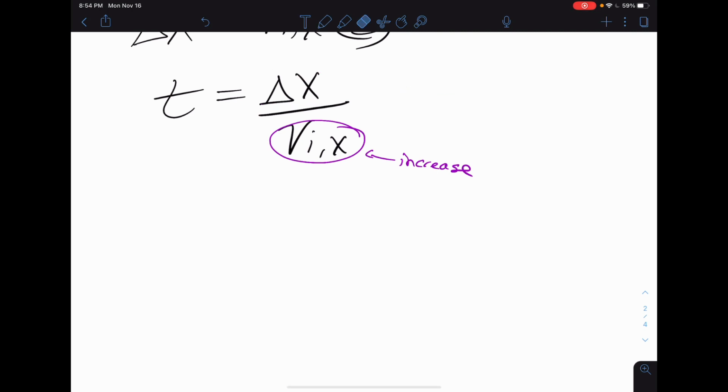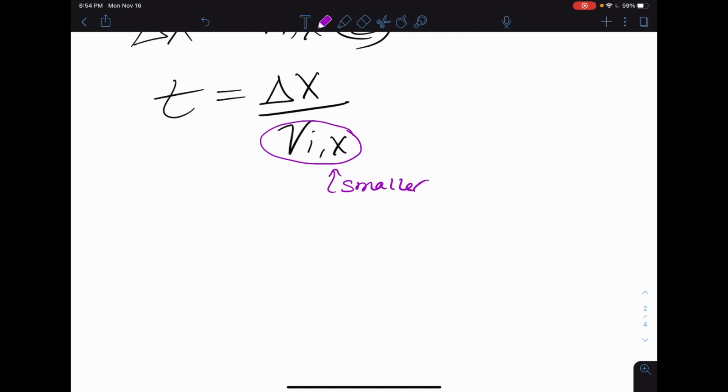Let's look at another example of that. What if you say that I can increase the time in the air by making the bottom of this fraction smaller, that maybe you would try to have it go the same distance, but decrease the x velocity. But the problem with that is that's illogical, right?